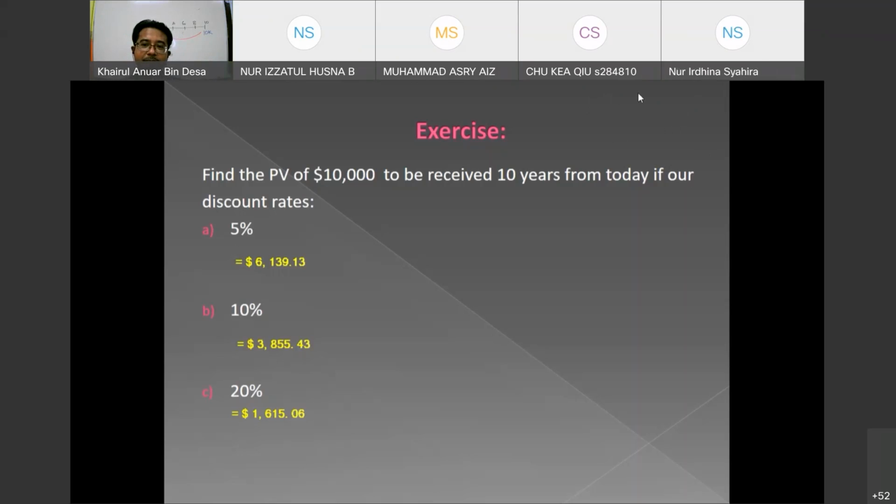Yes, sir. Makin sikit interest, makin banyak present value. Okay. Maksudnya semakin tinggi kadar faedah, maka nilai present value ini menjadi semakin rendah. Nampak? Ataupun sebaliknya lah. Semakin tinggi discount rate, maka nilai present value ini akan menjadi lebih rendah. Semakin rendah, maka present value-nya akan menjadi lebih tinggi.